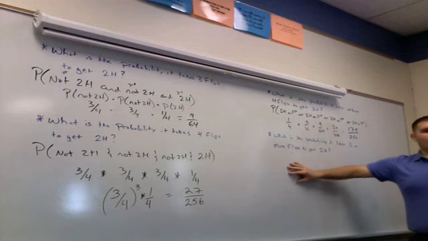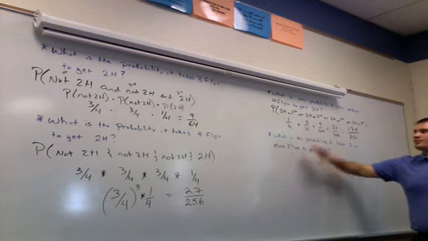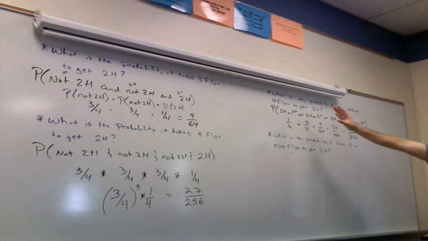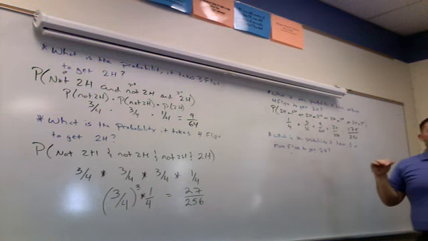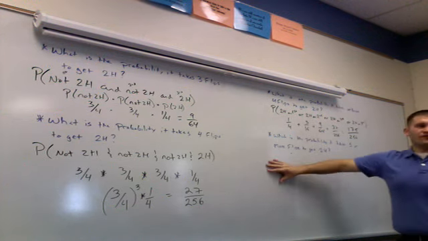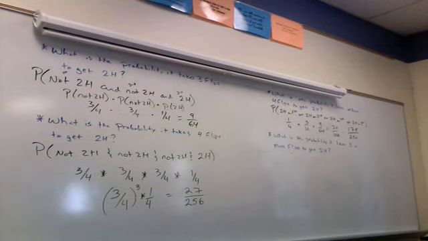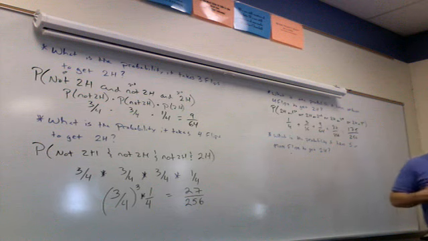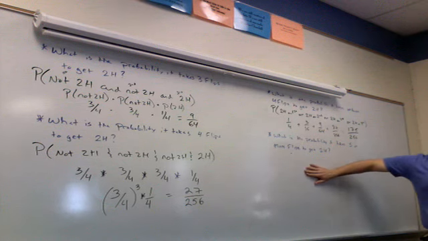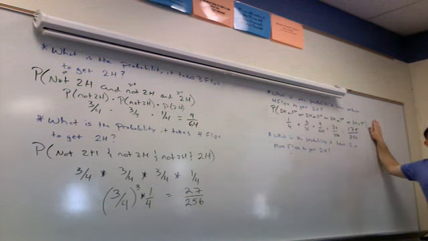Now, the probability of 5 or more flips plus the probability of at least 4 flips should add to what? Should add to 1, right? Because the overall probability of all the possible outcomes happening is 1. So my answer here and my answer here should add to 1.